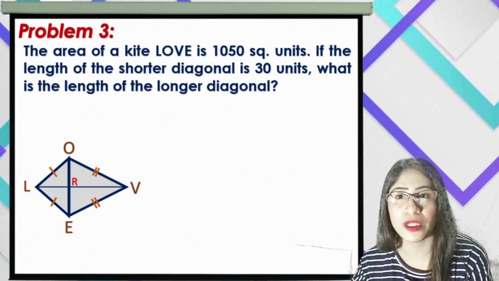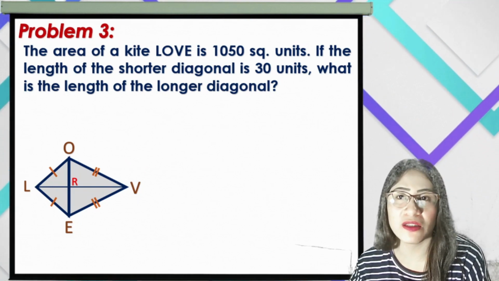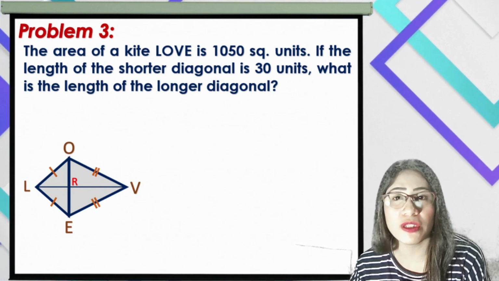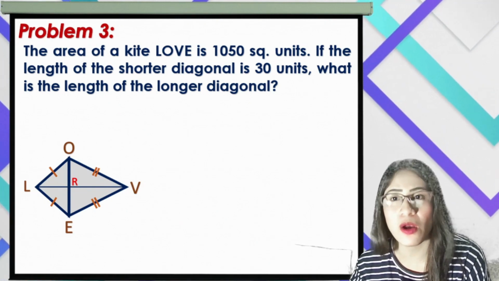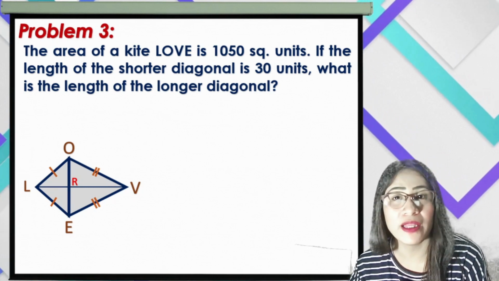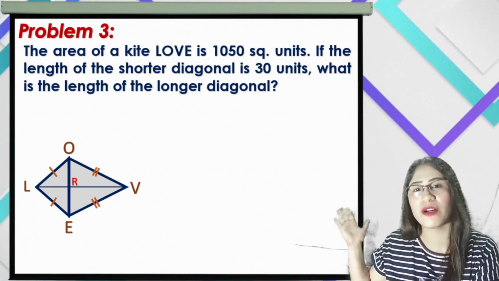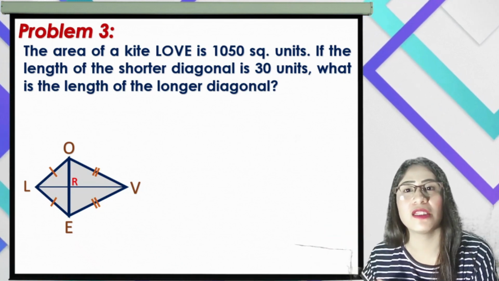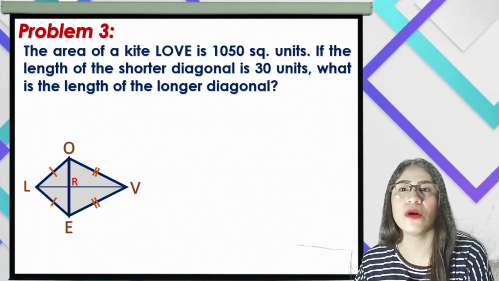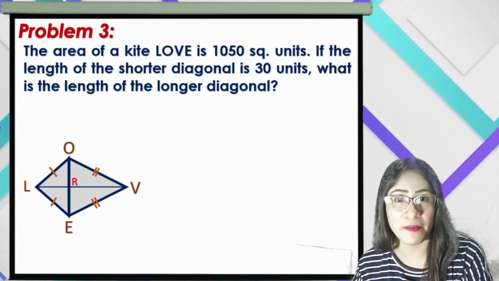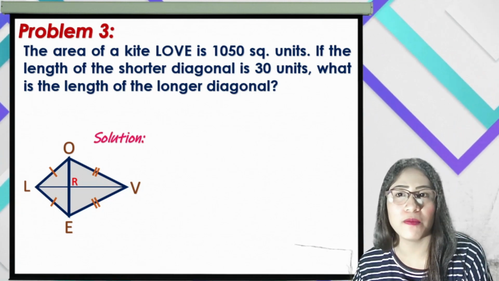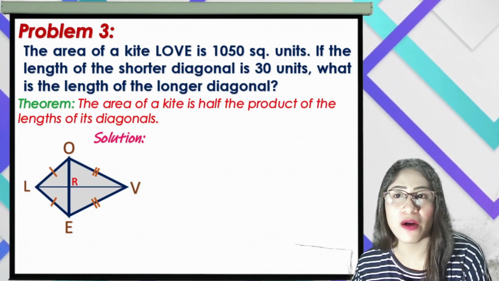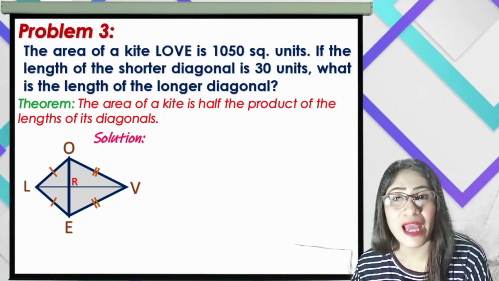Problem number 3. The area of a kite is 1,050 square units. If the length of the shorter diagonal is 30 units, what is the length of the longer diagonal? The longer diagonal here is LV, and the shorter diagonal is OE. The theorem involved is: the area of a kite is half the product of the lengths of its diagonals.